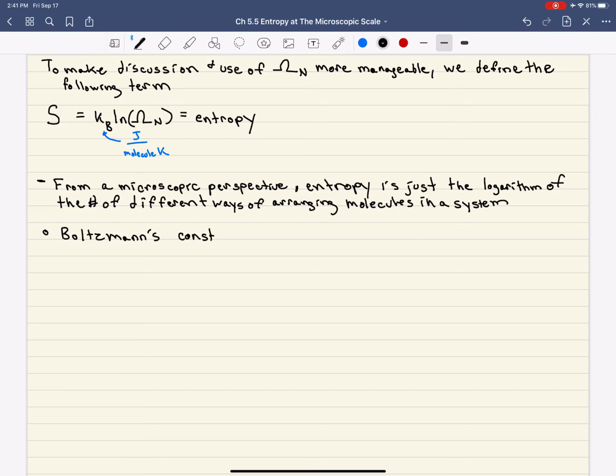from classical thermodynamics, we know entropy has units of joule per mole Kelvin. Right? And so if we want, for defining the natural logarithm of the multiplicity as entropy, we also need to figure out a way of getting back those same units. And so all we do is just multiply by Boltzmann's constant.